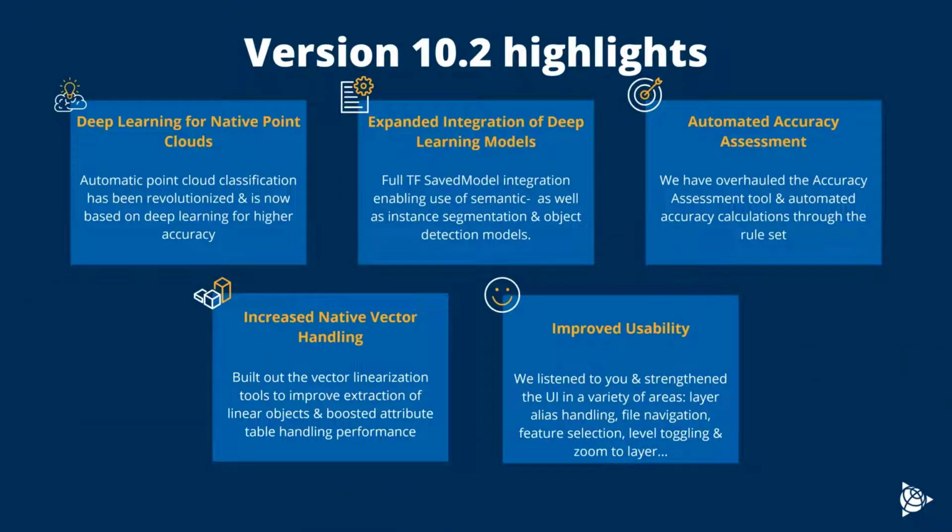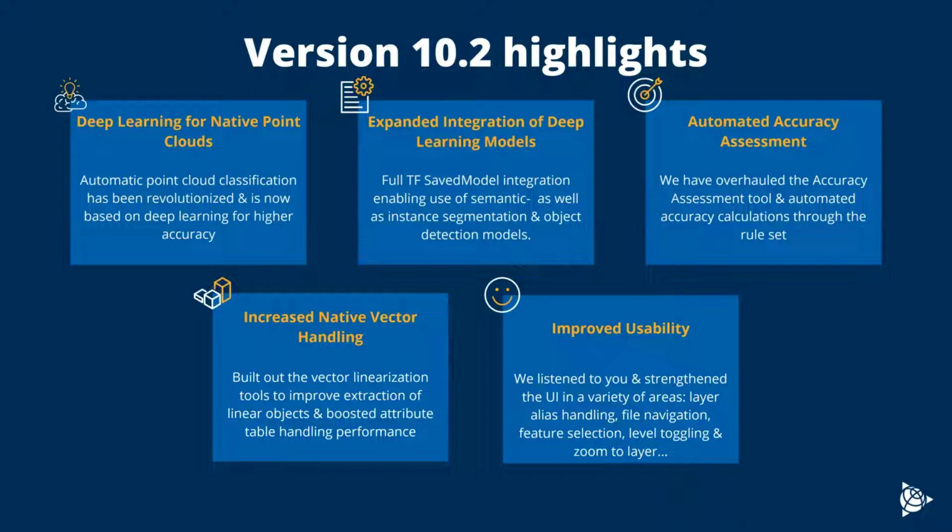So what did we do in 10.2 here? Some highlights. Again, the highlights from my perspective. First of all, deep learning for native point clouds. This is something completely new. We've introduced some algorithms for the classification of point clouds based on deep learning algorithms. These deep learning models in the background were trained on native point clouds.